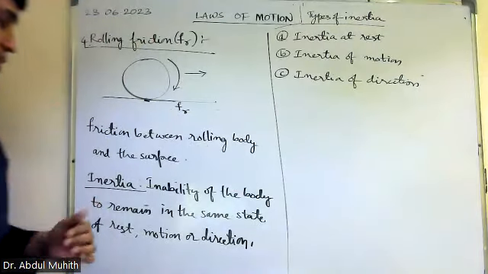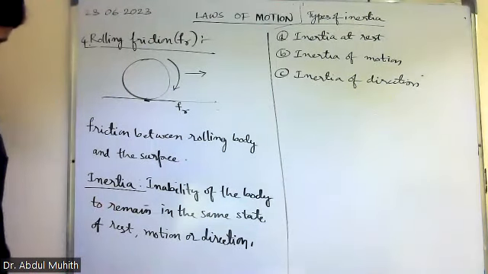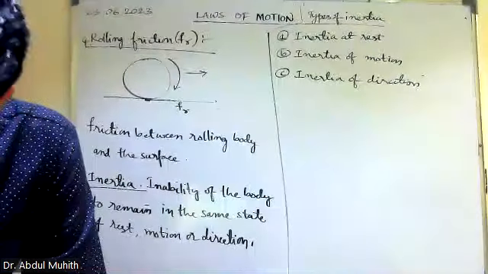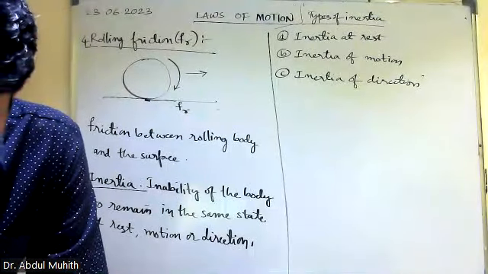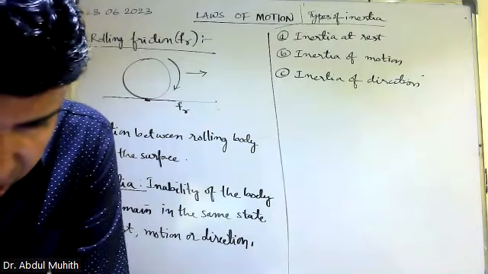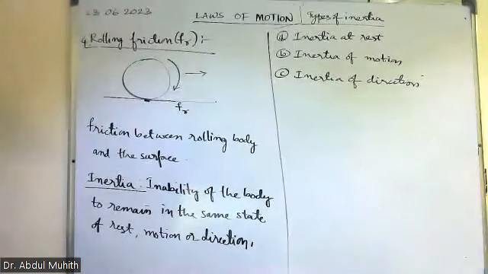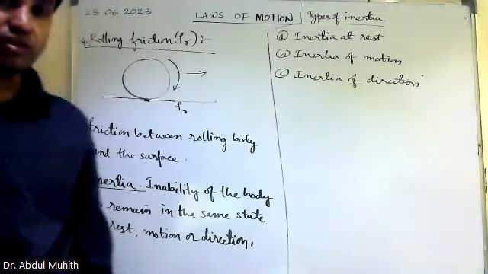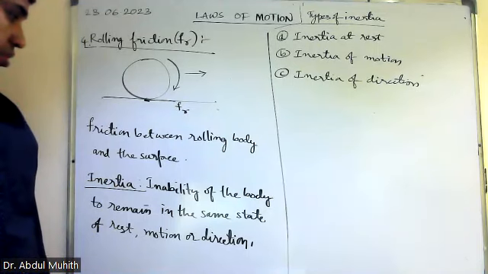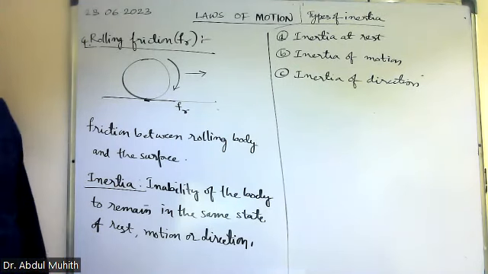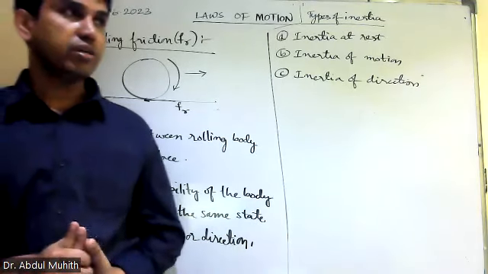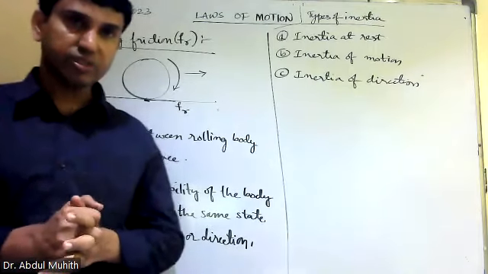Student: Sir, in inertia, shouldn't it be the ability of the body to remain in the same state? Inertia is the inability of the body to change its state. The body has to be in the state of rest, but it's not.